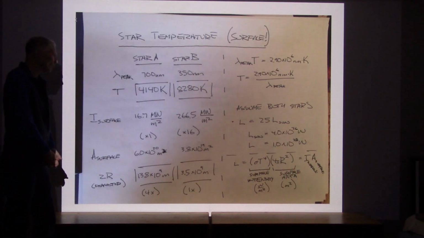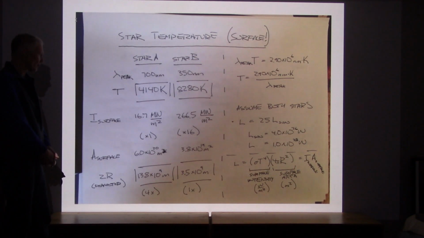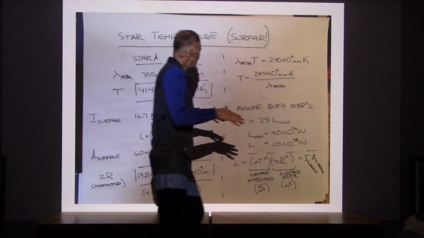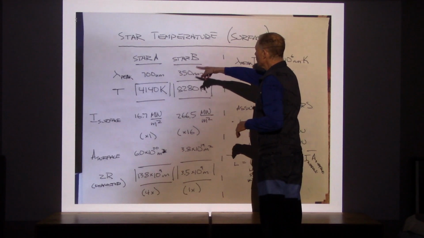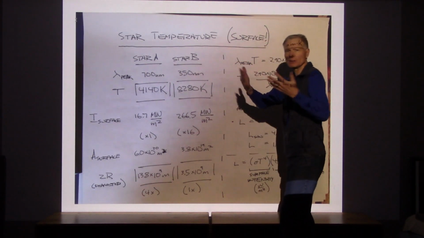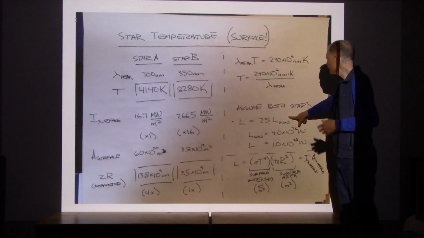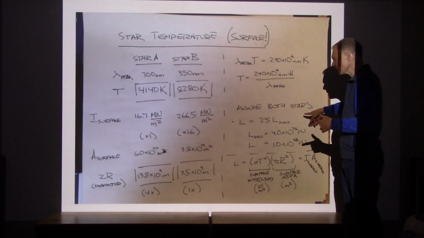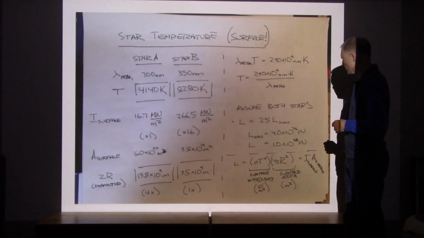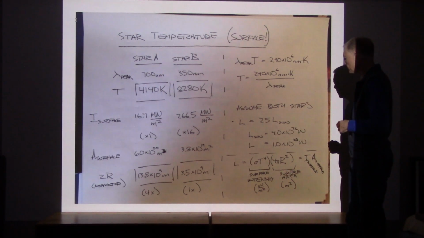Now, what about the surface areas for these? Well, what we assumed was that the red star and the blue star, just by chance, happen to have the same luminosity. Is that a possibility? And we'll see that it is. They're probably at different stages in their development, in their evolution.